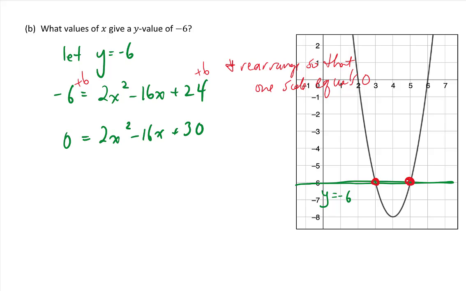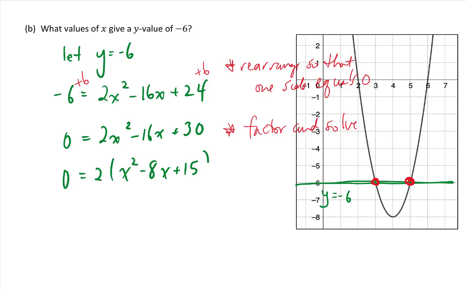Once we have 0 on one side, it's like we're solving for the zeros, so we're going to factor and solve. So first we common factor, and we get 2 times x squared minus 8x plus 15.